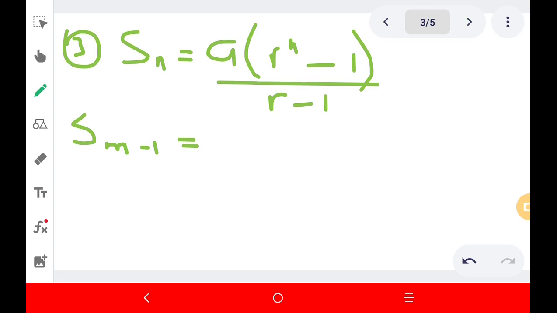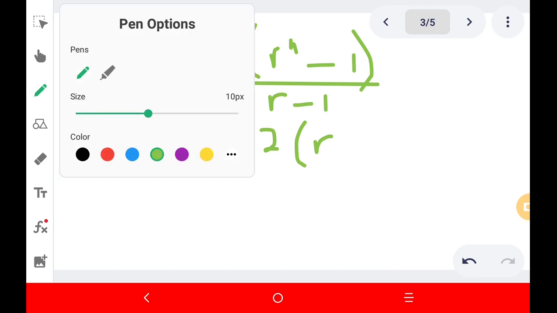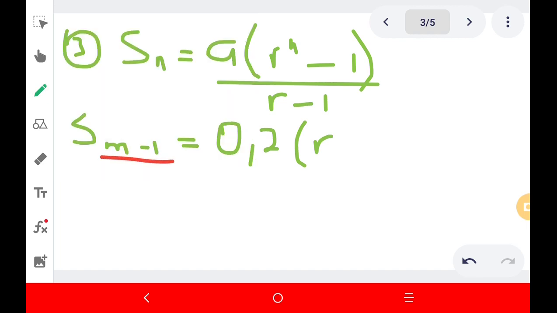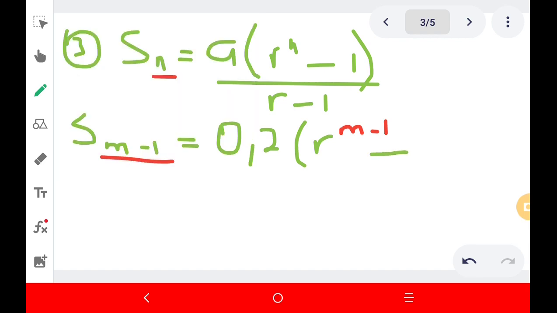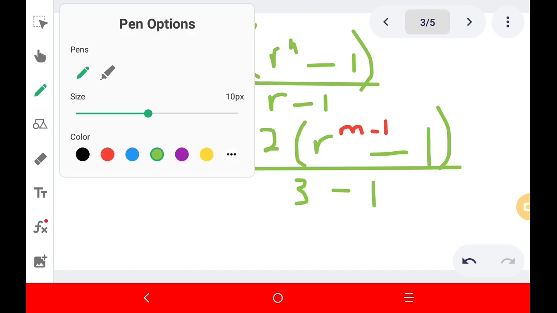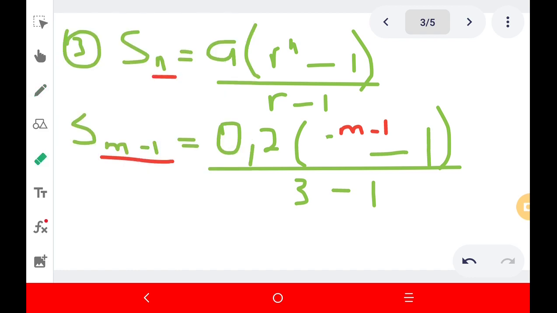My first term is 0,2, so here I'm going to put 0,2, open bracket, r to the power of, and instead of n, I put m minus 1, all over 3 minus 1. Remember, we know what our r is, so instead of r there, we can put 3.